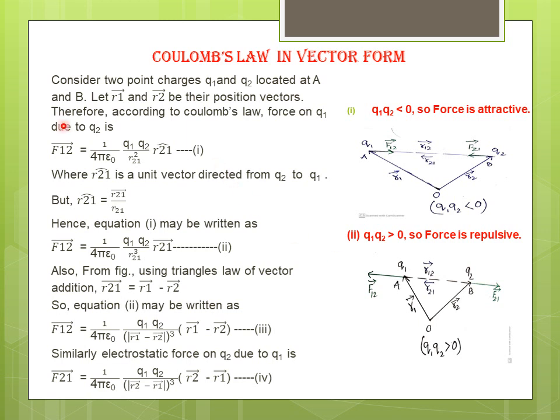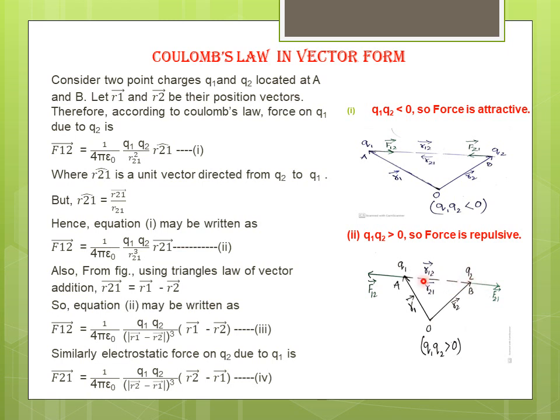For that, here we are dealing with F12 equal to 1 by 4 pi epsilon naught Q1 Q2 by R21 square into unit vector R21.